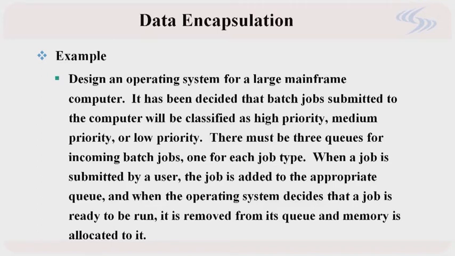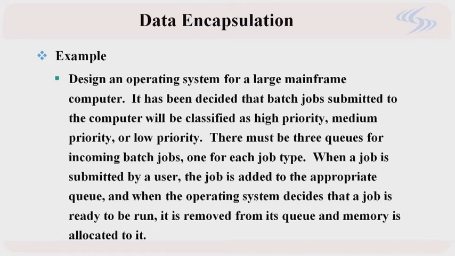Let's take an example first. Suppose we are to design an operating system for a large mainframe computer. It has been decided that batch jobs submitted to the computer will be classified as high priority, medium priority, or low priority. There must be 3 queues for incoming batch jobs, 1 for each job type.